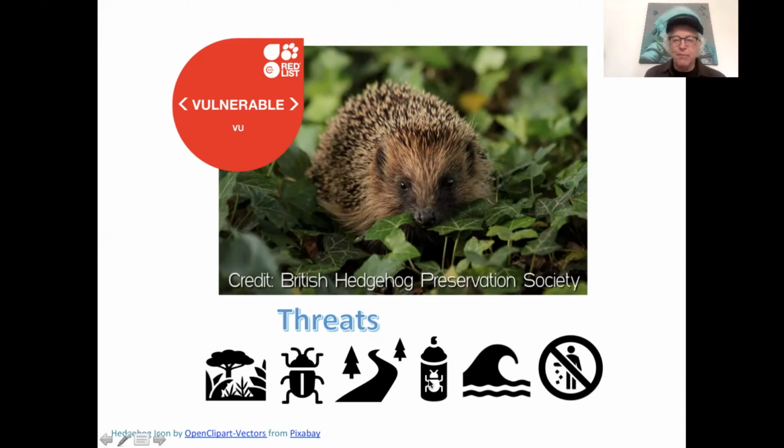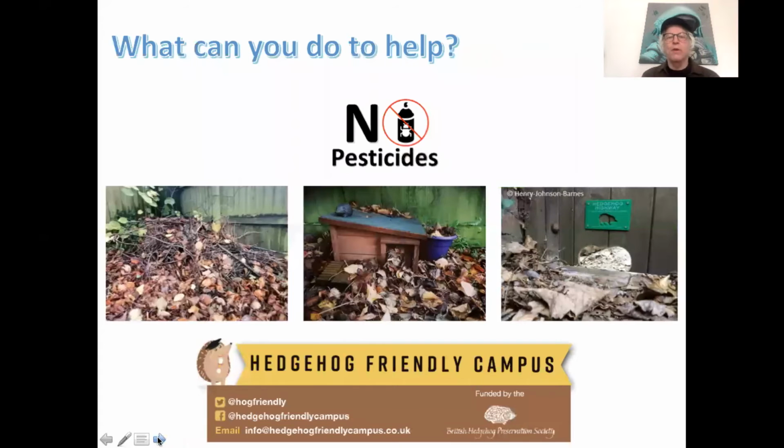Insecticides are a big problem because they're killing off the animals that they eat, all those creepy crawlies that they eat. And sometimes the places where they live are getting basically drowned by the rising of the water levels as a result of climate change. And what can you do to help?